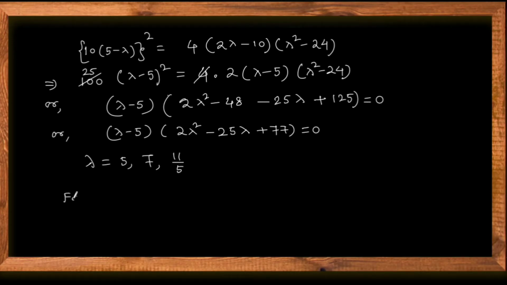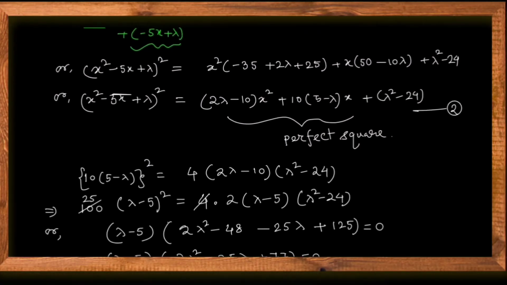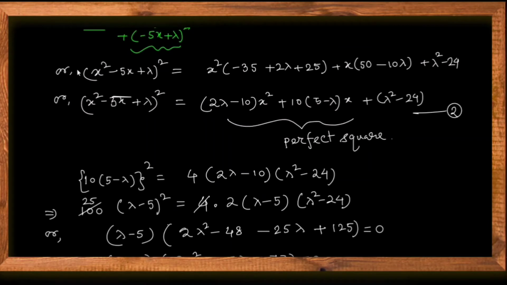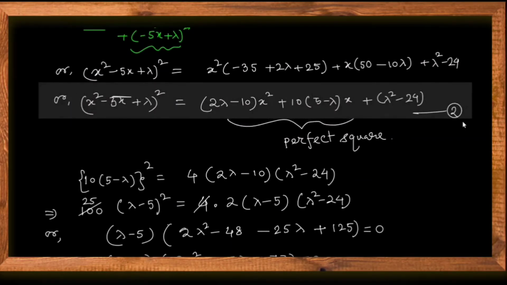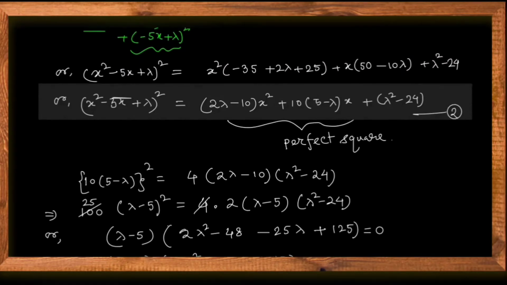So for lambda equals 5, equation 2 becomes, you see, this is our equation 2.